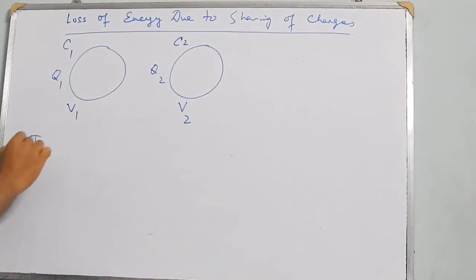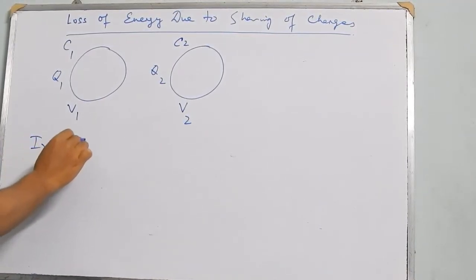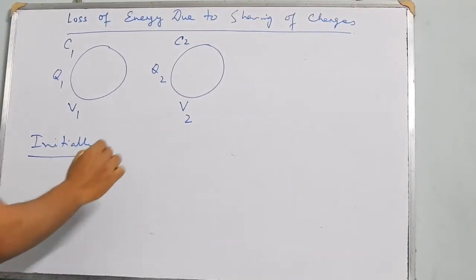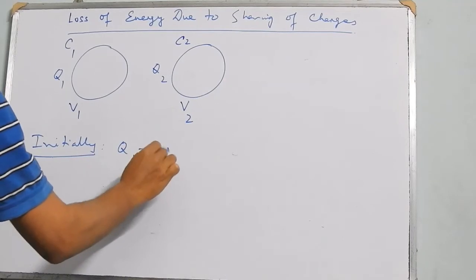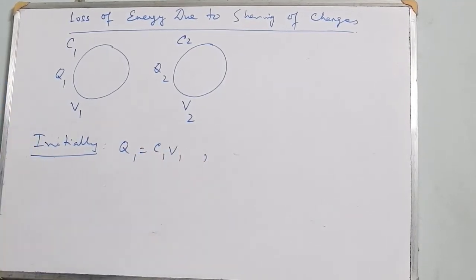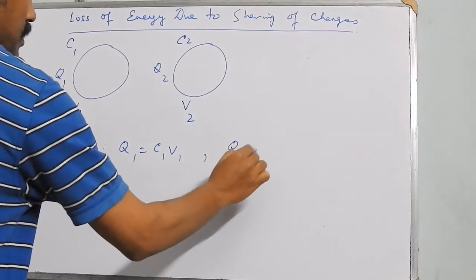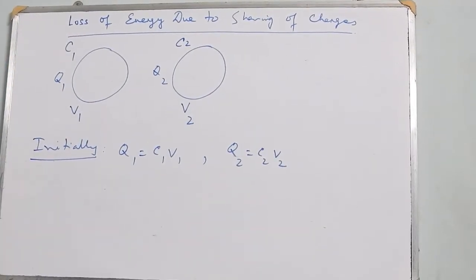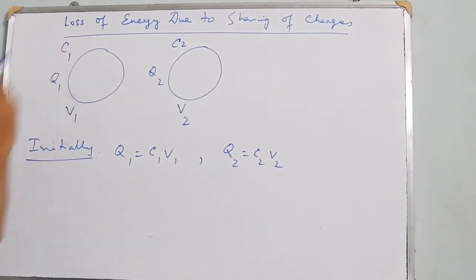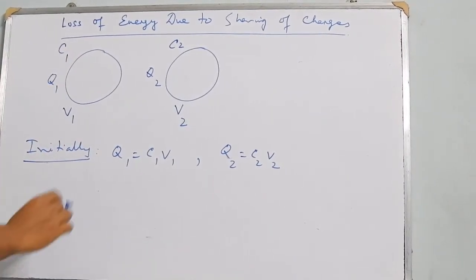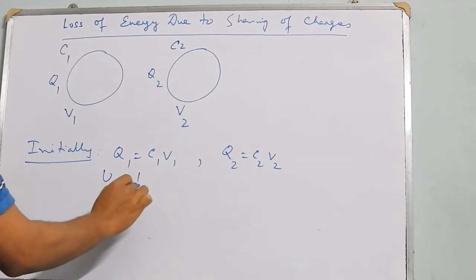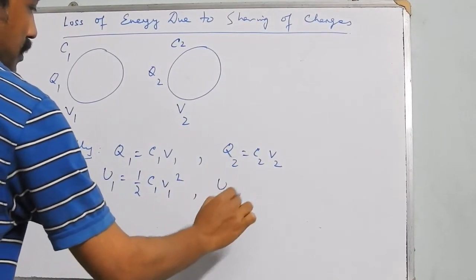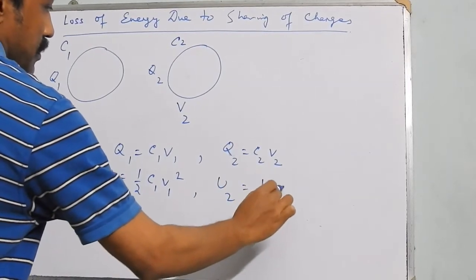So initially we can say for the first capacitor Q1 is C1V1, and for the second capacitor Q2 is C2V2. The electrostatic energy that these conductors will store is say U1 equal to half C1V1 square and U2 equal to half C2V2 square.